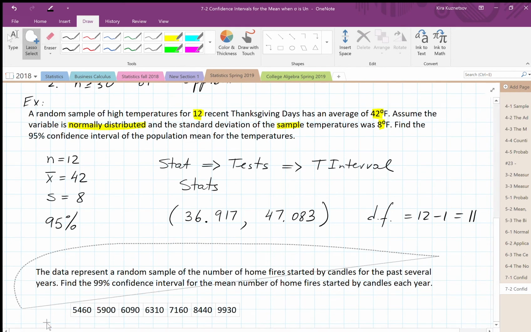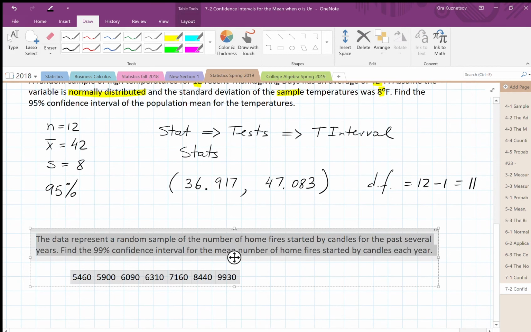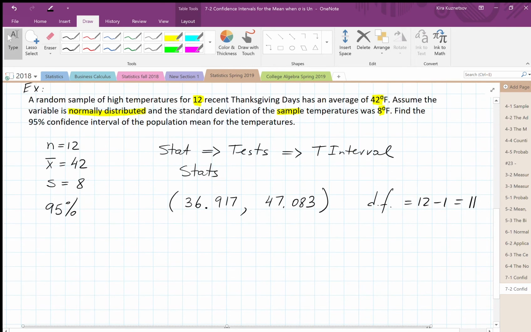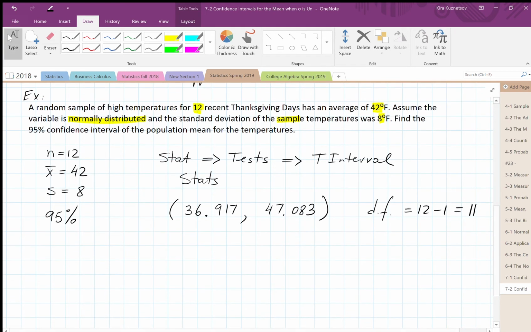Another piece of information that has to be included with every single problem in chapter 7, or pretty much everything that comes after this, is a sentence that includes the units and what it is that you just found.